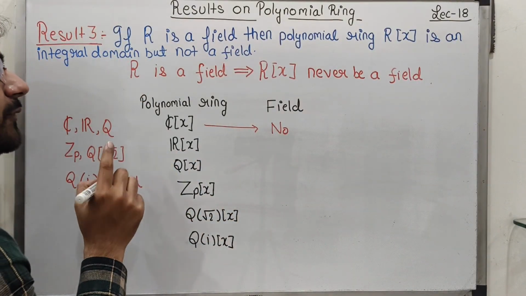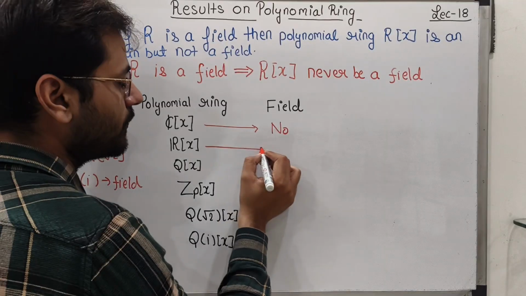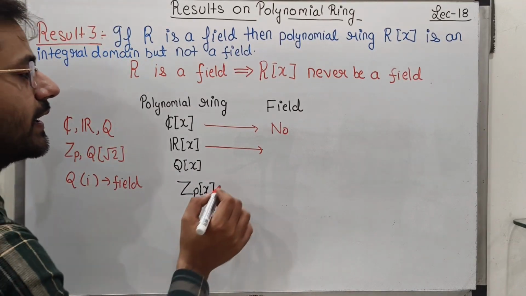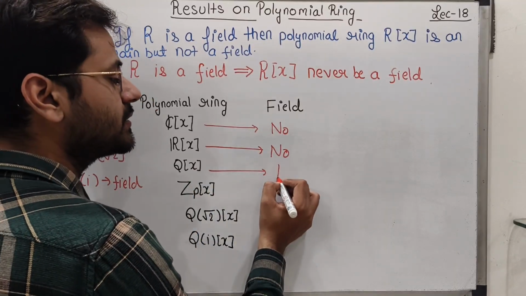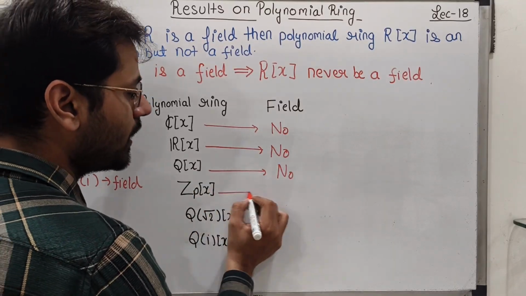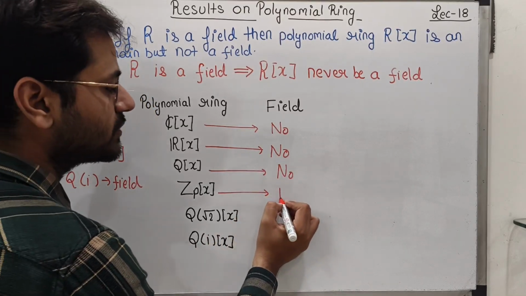The polynomial ring defined over complex numbers is not a field. The polynomial ring defined over real numbers is not a field. The polynomial ring defined over rational numbers is not a field. The polynomial ring defined over Z_p is not a field.